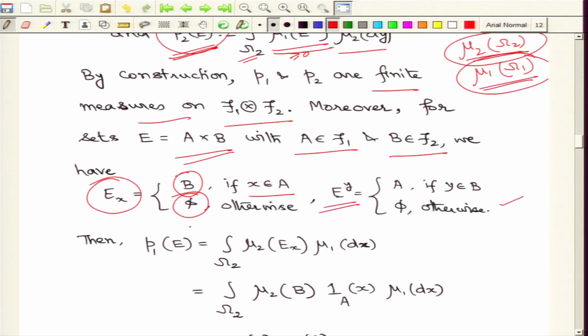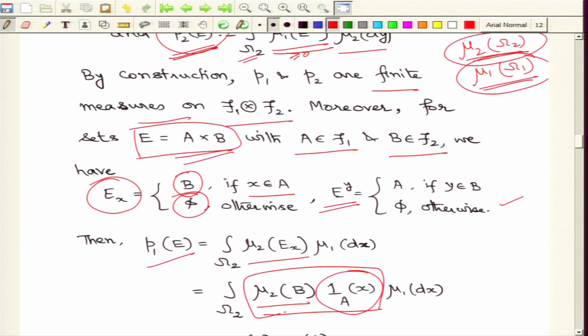Now, if you look at these product type sets E, then P1 of E we can simplify according to the formula given to us. Now, mu2 of Ex is mu2 of B whenever the point x is coming from the set A, and therefore you will have this simplified looking integrand.